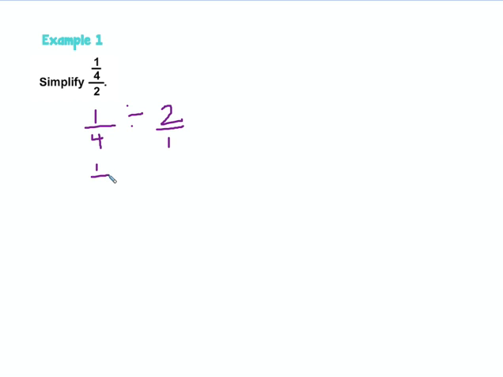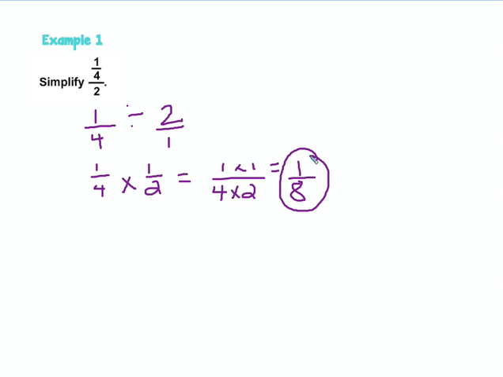So we have 1/4 times 1/2. And then just like before, we multiply our numerators. 1 times 1 is 1, and 4 times 2 is 8. Now we know that that's in simplest form, so that's our final answer. Make sure that you copy everything into your notes just as I've written it.